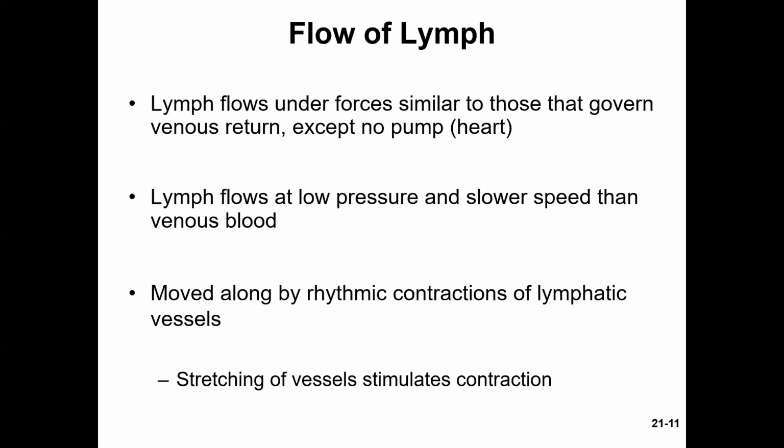It's moved along by rhythmic contractions of lymphatic vessels. So the walls in those vessels, as they're contracting and being squeezed or squeezing themselves, and like I said, with that muscle movement of surrounding areas, they can get squeezed and lymph can flow better that way.